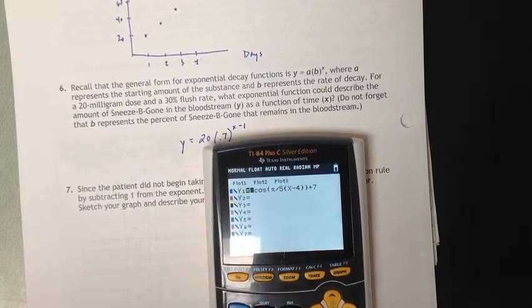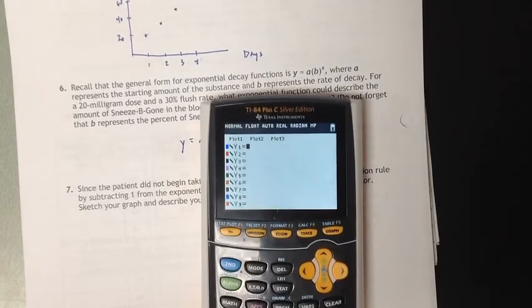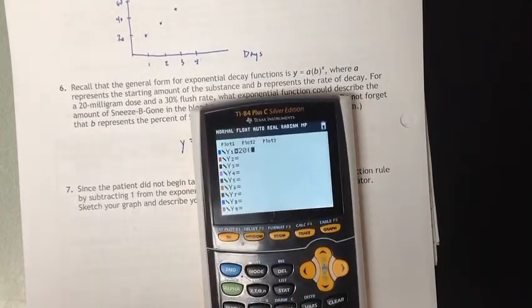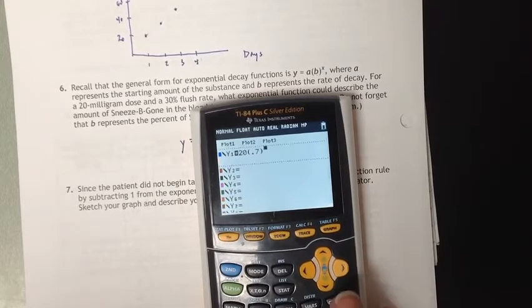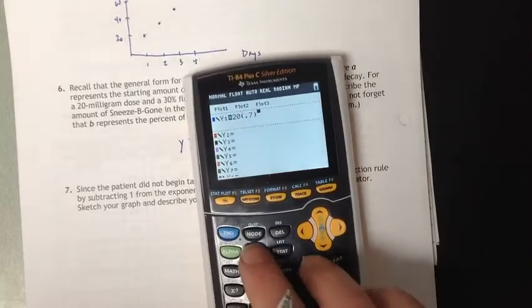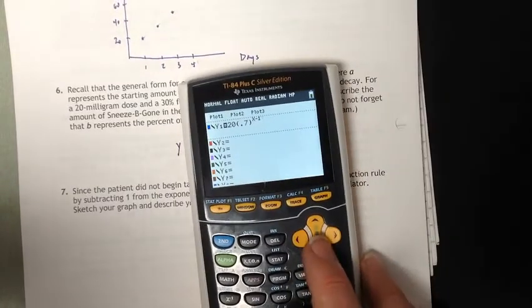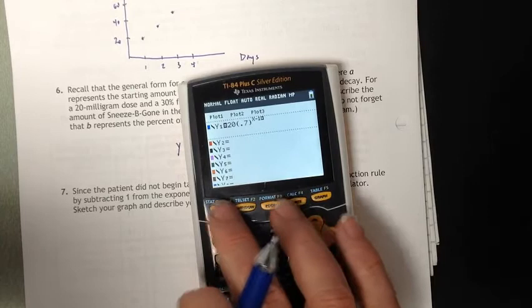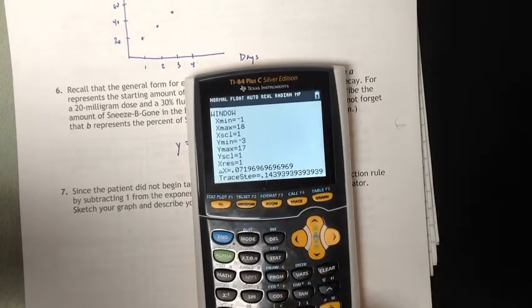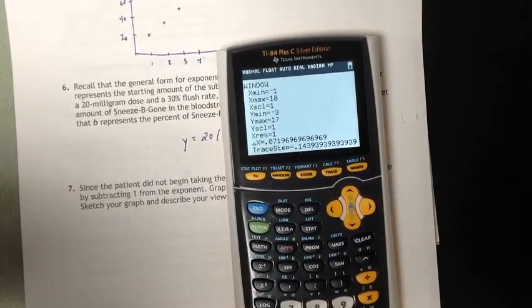So I'm going to come in here, clear out what I've got. I'm going to say 20 times 0.7 to the x minus 1 power. All right? And really, this is only good for one day, right? So from day 1 to day 2.